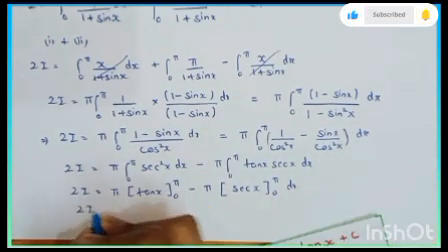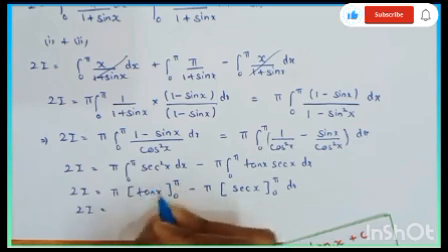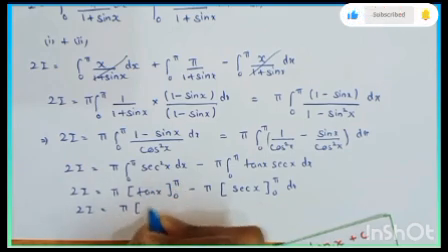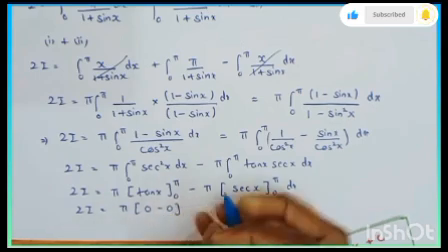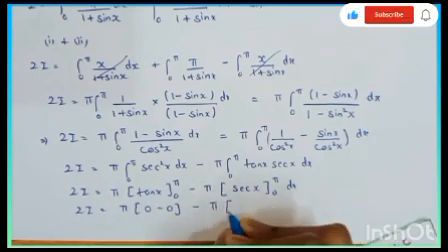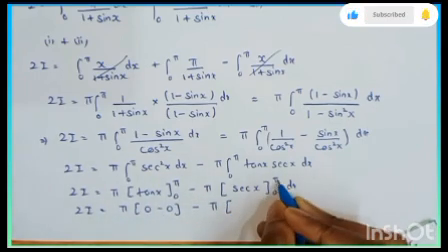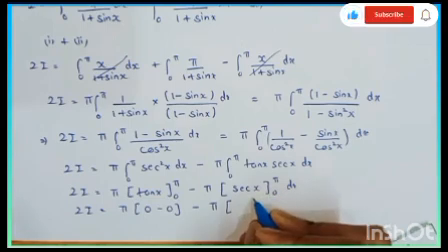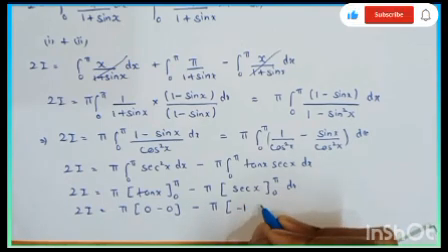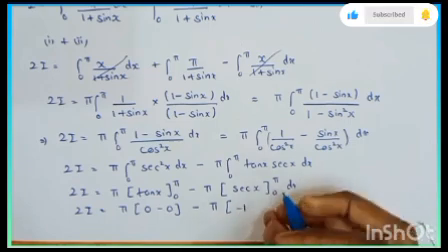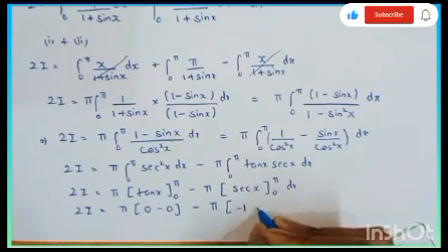So what do I have here? 2I equals, put the upper limit here. So what is the value of tan pi? It's 0. Then minus pi of minus, what is sec pi? We have the third quadrant, so we get minus 1, okay? And what is our sec 0? Sec 0 is 1, right?